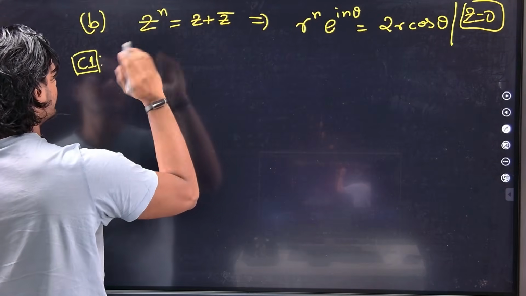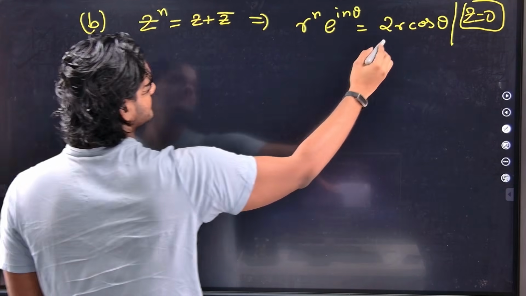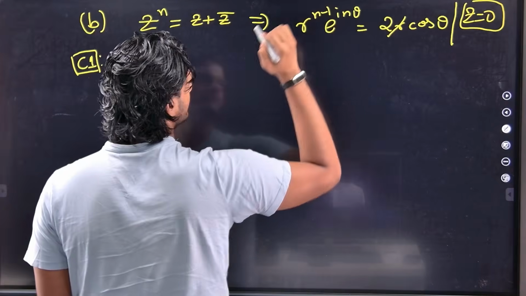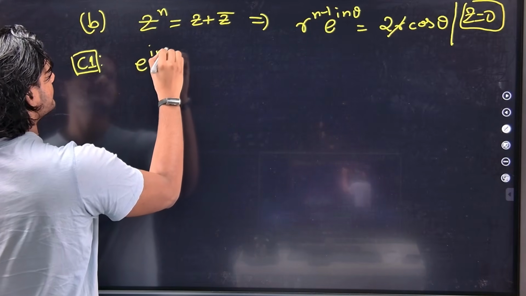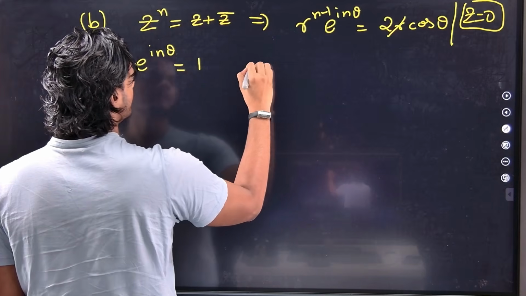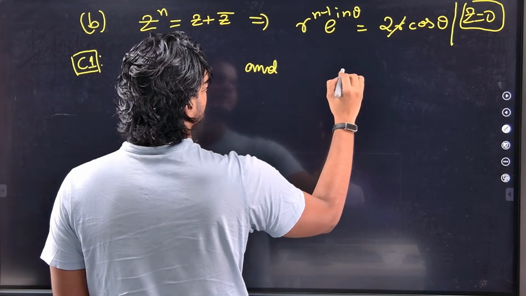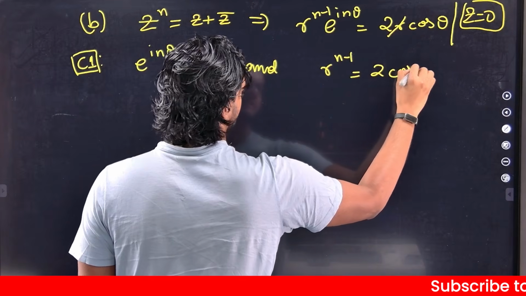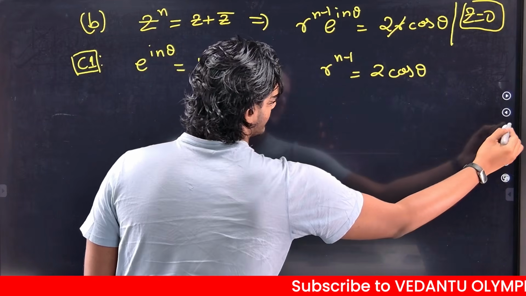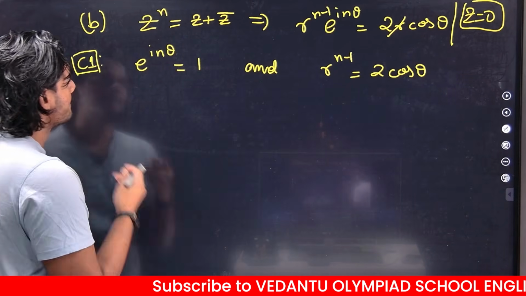Other than that, if you cancel out these two, you'll have e power i n theta equal to 1 and r power n minus 1 equals 2 cos theta, right? This is case 1.